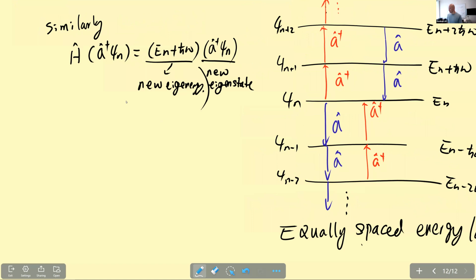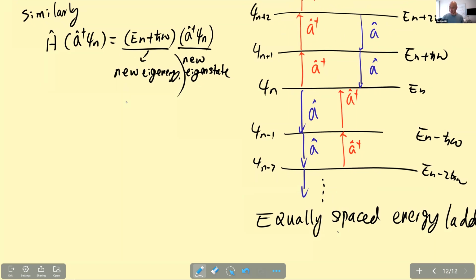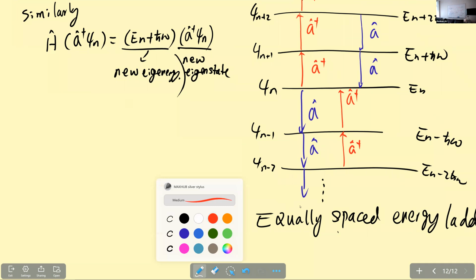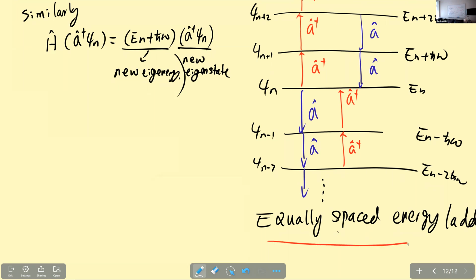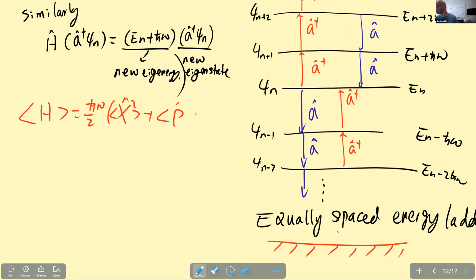However, there will be a flaw, because the energy, remember, is equal to this one. So this one is always positive.